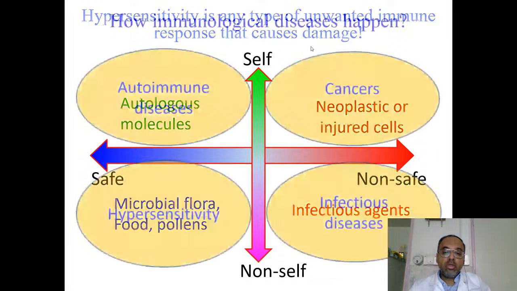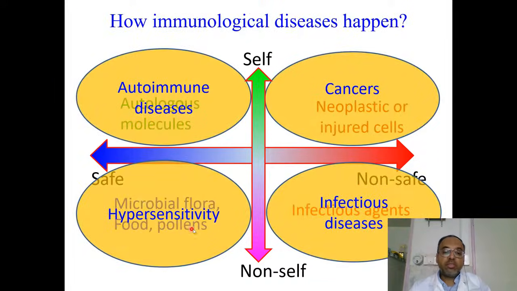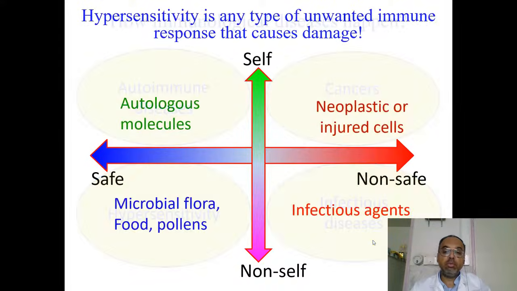So if I look at here, hypersensitivities are limited to immune response against non-self entities which are safe. So this qualifies as an unwanted damaging immune response. But we can also have unwanted damaging immune response up in here. And even for infectious diseases, we can have unwanted damaging immune response.